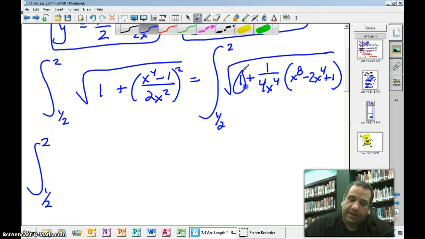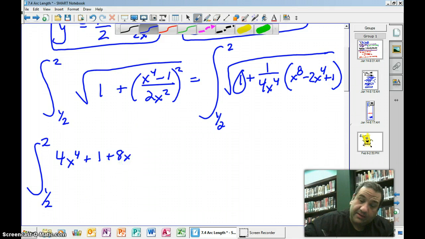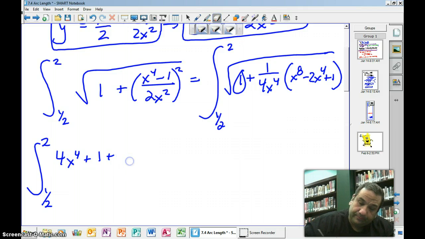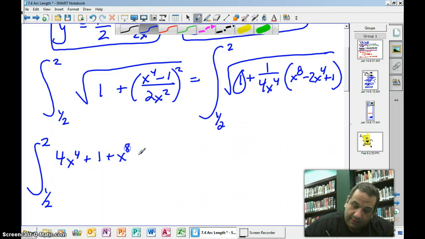So I'm going to get a common denominator with this, so it's going to be 4x to the 4th plus 1, and x to the 8th minus 2x to the 4th plus 1 all over 4x to the 4th.